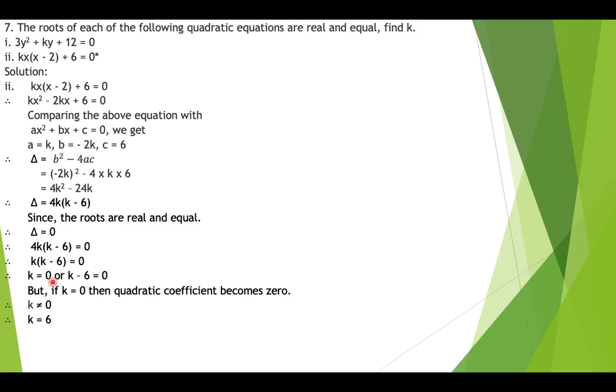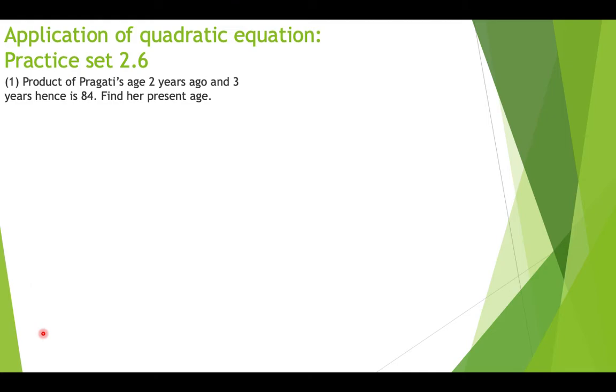So we get k is equal to 0 or k minus 6 is equal to 0. But if k is equal to 0, then the quadratic coefficient a becomes 0. Therefore we can't say that k is equal to 0. Therefore k is equal to 6 is the solution.